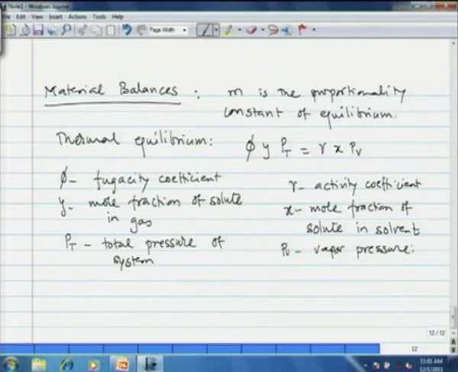So, the equilibrium will always be defined by this relation.